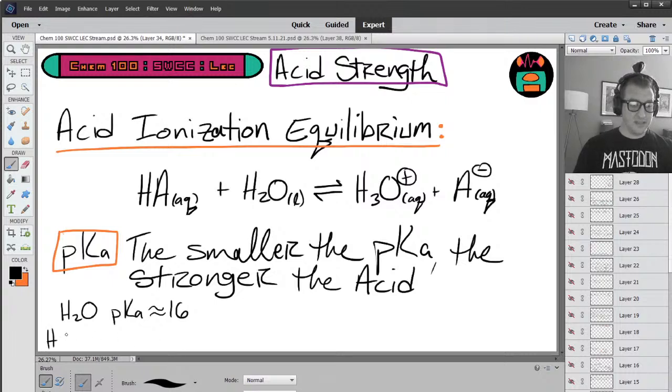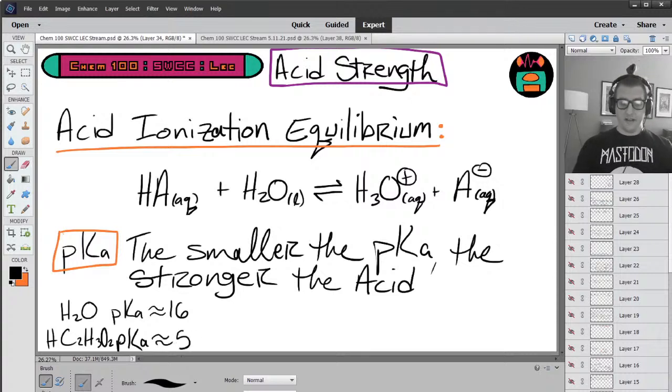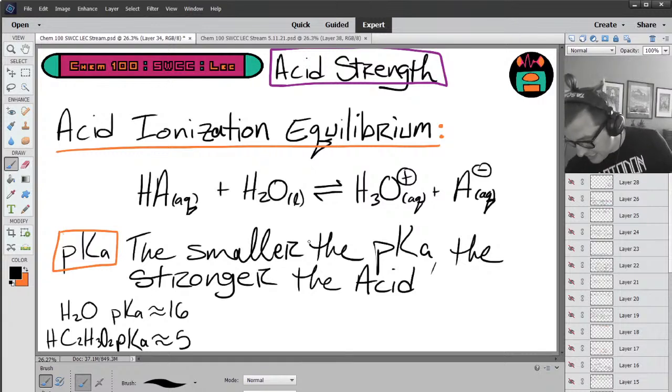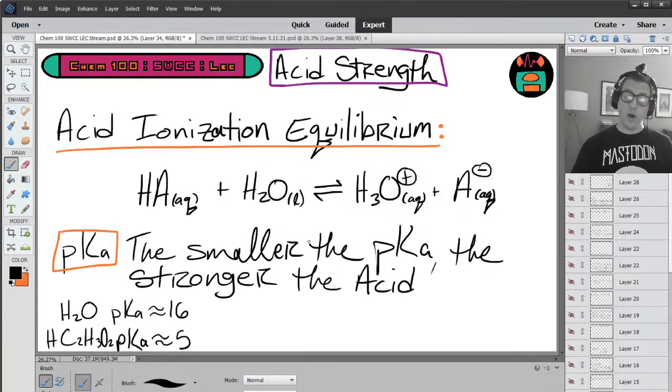Acetic acid has a pKa of approximately 5. So of these two, if I were to ask you which one is stronger, the one with the lower pKa is stronger. So acetic acid is a stronger acid than water.